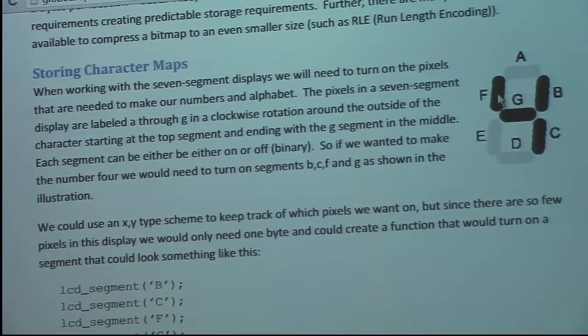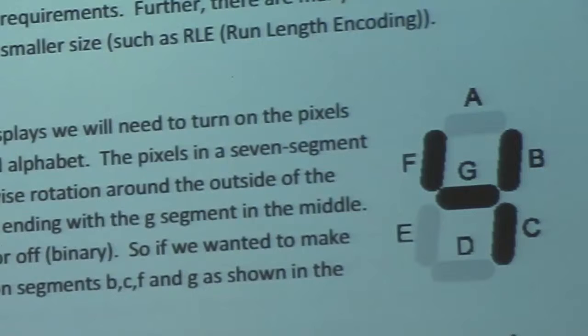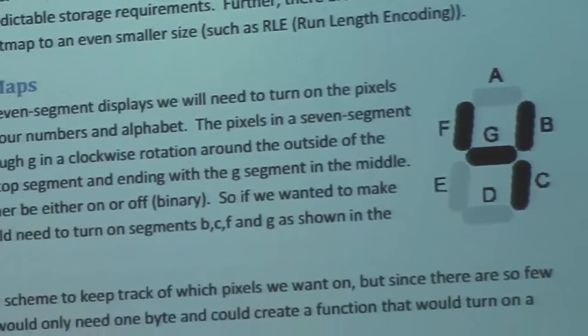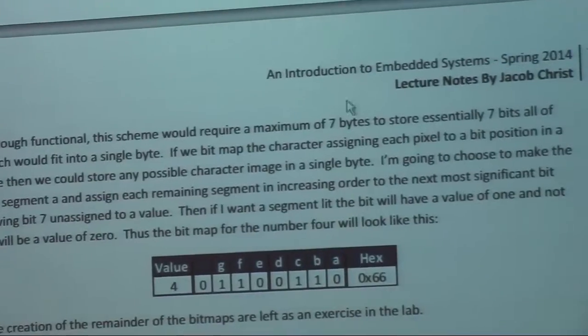So if we want to display the number 4, we want to turn on segments B, C, F, and G. And we're going to store this in a table, and then we'll be able to call a function that will look up the value in the table and turn the proper bits on the 7 segment.